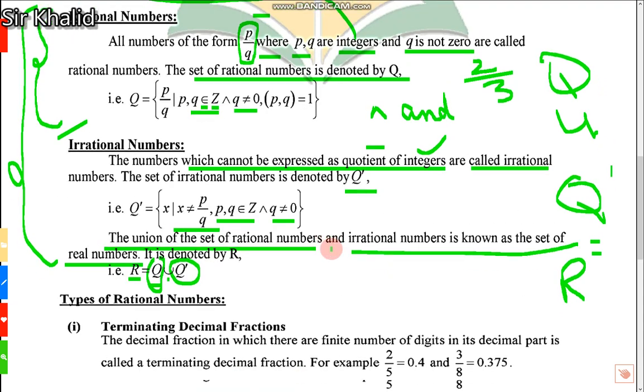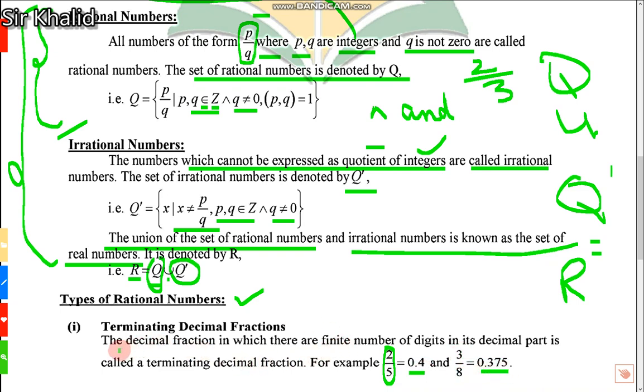Now, types of rational numbers. We understand what rational numbers are, so now let us see their types. Number one: suppose I divide 2 over 5 and I find the answer 0.4, or 3 over 8 is equal to 0.375.